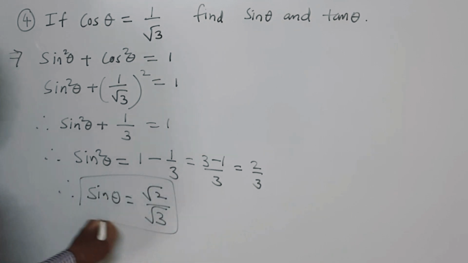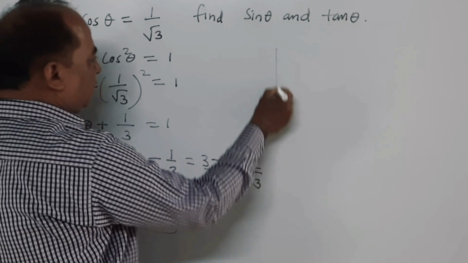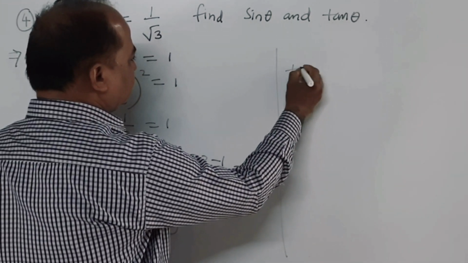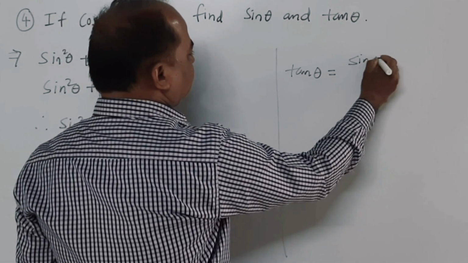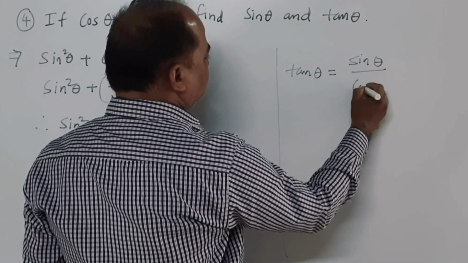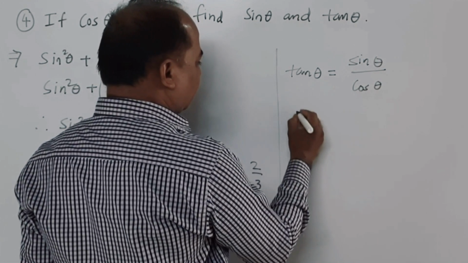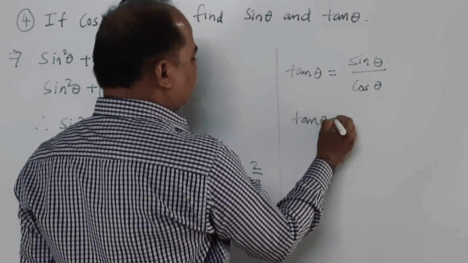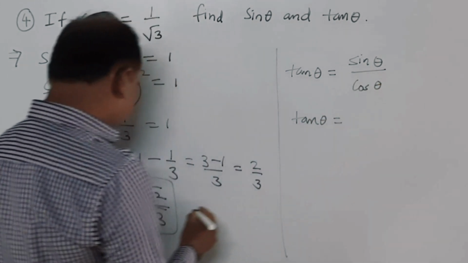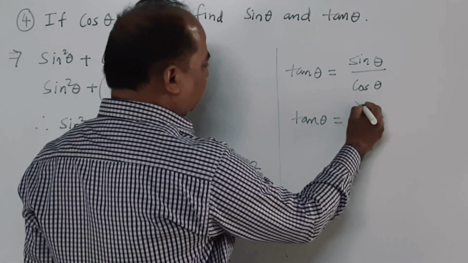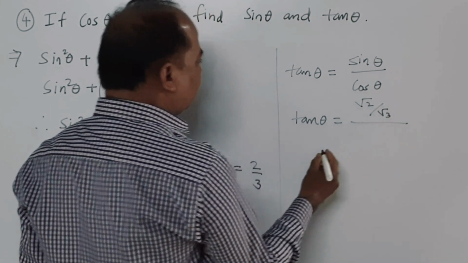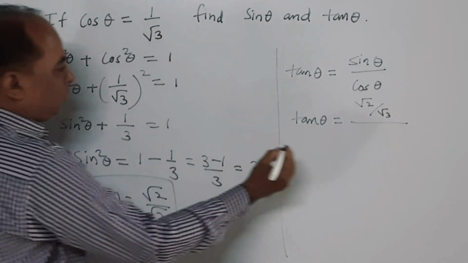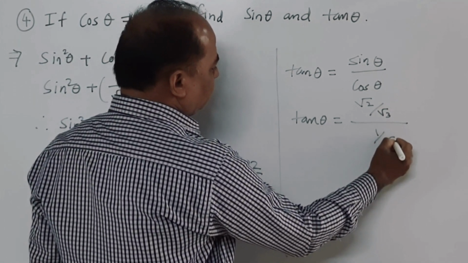Now we know that tan theta is equal to sin theta divided by cos theta. Therefore tan theta is equal to sin theta, root 2 upon root 3, divided by cos theta, which is 1 upon root 3.